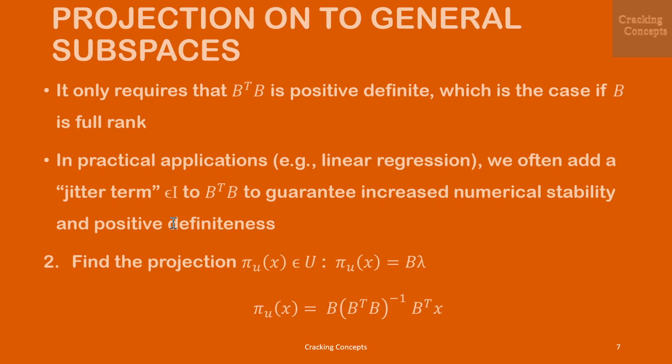The second step is to find the projection π_U of x, which is an element of U. We have already seen that π_U of x can be written as B lambda. Therefore, π_U of x is equal to, substituting for the value of lambda, B into B transpose B inverse B transpose x.